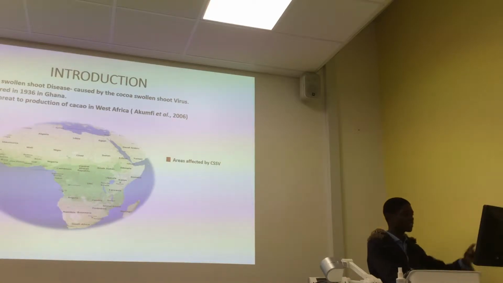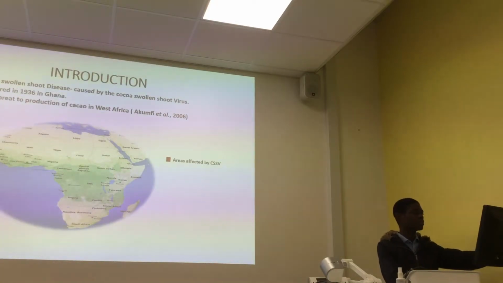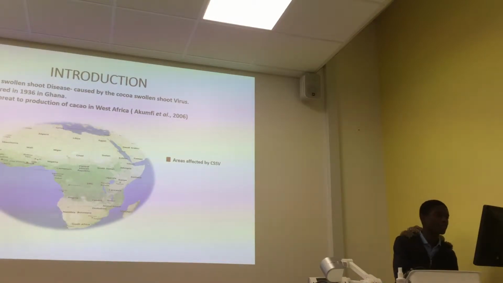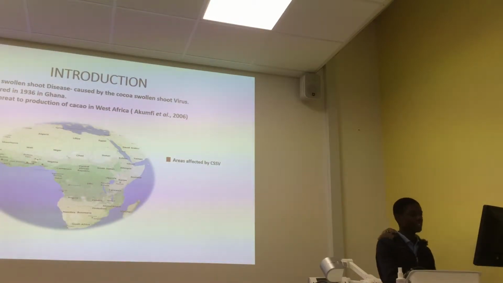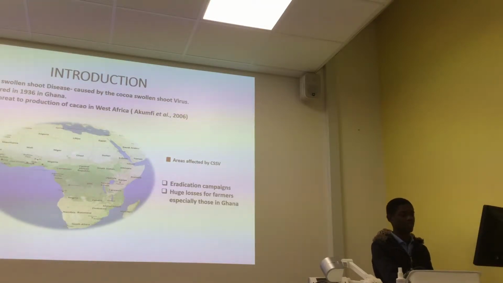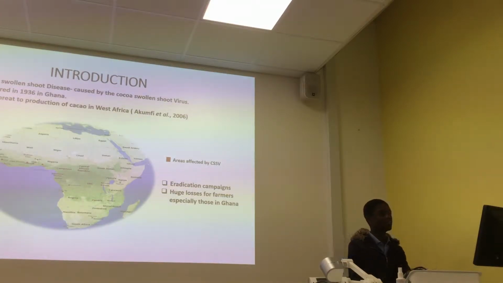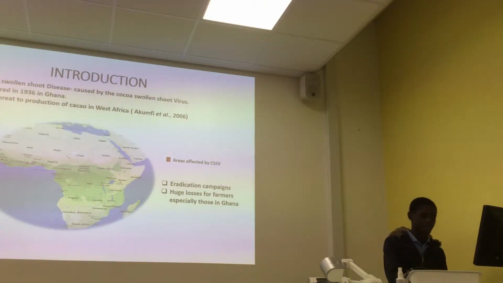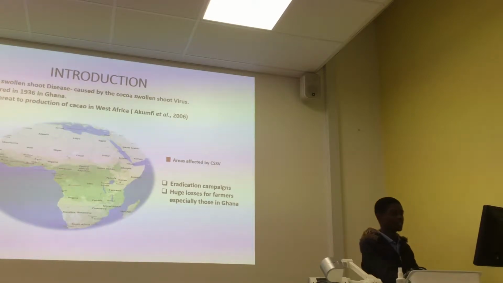The disease has affected places like Sierra Leone, Ghana, where it originated, Togo, Benin Republic, and Nigeria, the western side of Nigeria, where cocoa is cultivated. This disease led to various eradication campaigns in Ghana, which led to the removal of cocoa trees, and this brought about a huge loss to farmers, especially Ghanaian farmers.